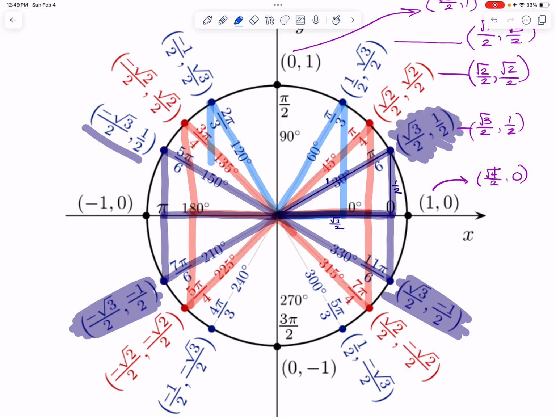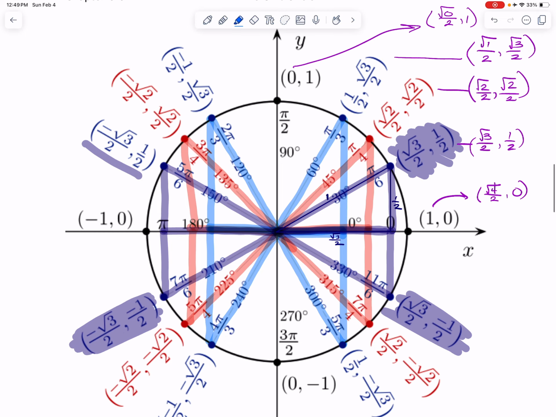And again, it's the reference angles that we're talking about, the angles that are made with the x-axis. Notice all of my triangles come off that x-axis. Nothing gets made with the y-axis. And then we have our quadrantal angles and those values.